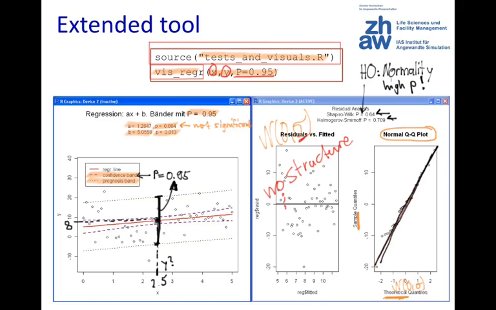So something like this would be very bad. The model may be significant, everything may look fine, even normality may be okay, but there is a structure within the residuals, meaning that actually your model is not okay.